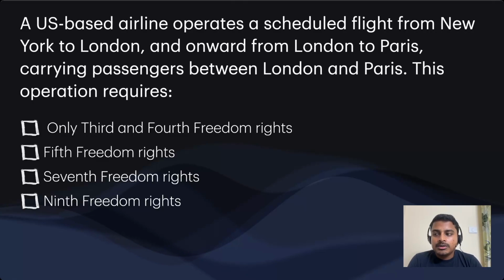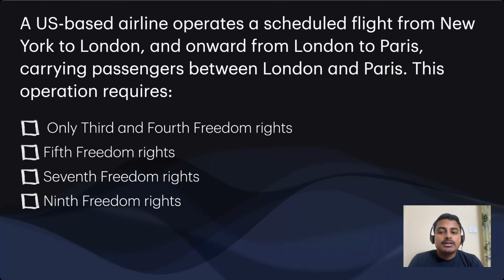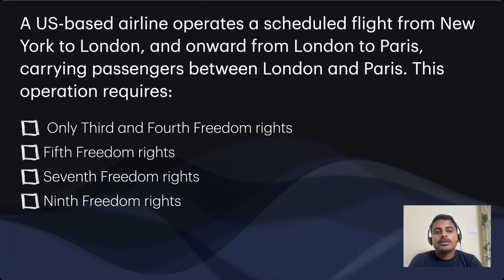If you remember, the fifth freedom of air is the one which allows an airline to operate flights between a second and third country only if its registration country is part of that route. In this scenario, the airline is a US-based airline.